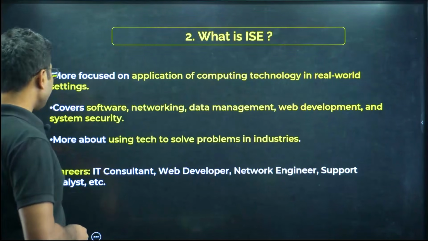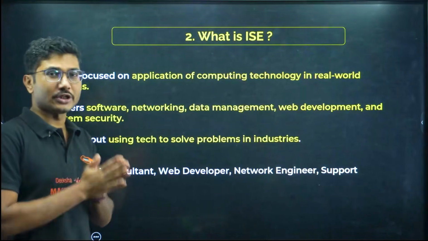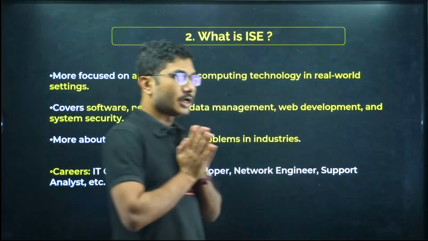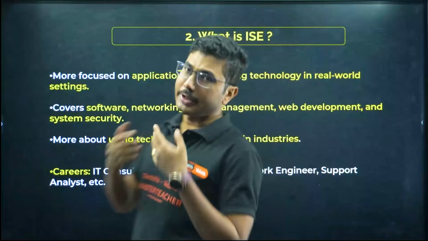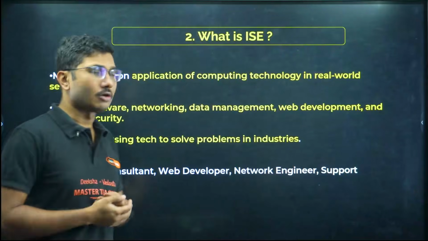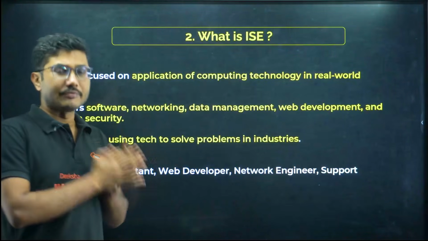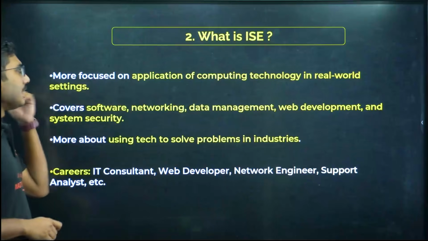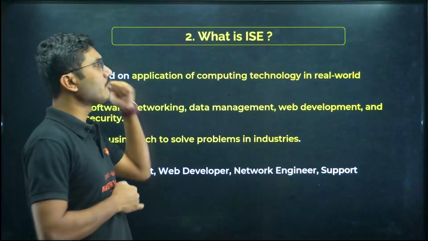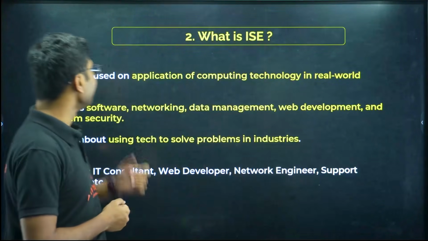Now let's move on to the next branch, information science or information science engineering, which is very interesting. Somewhere it is also called information technology. Information technology and information science are almost the same branch. It is more focused on application of computing technology in real world settings.